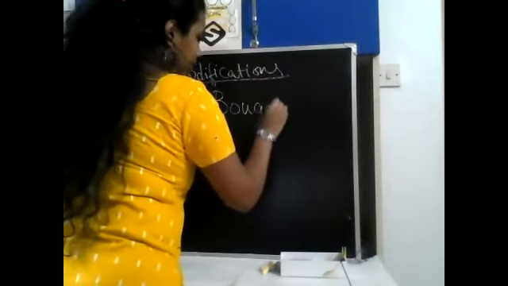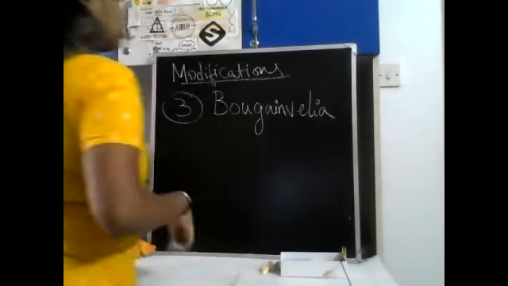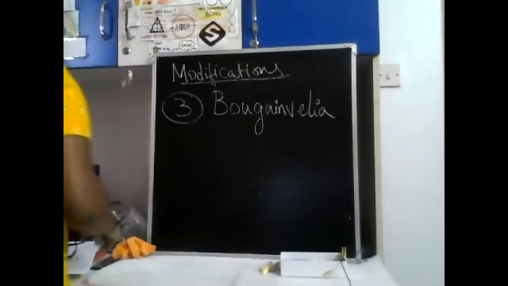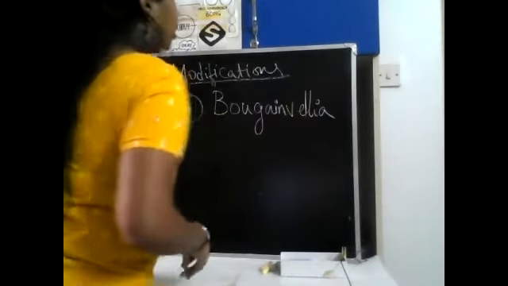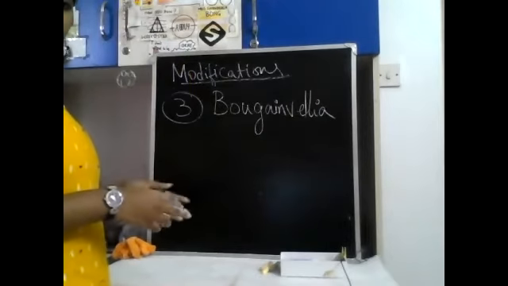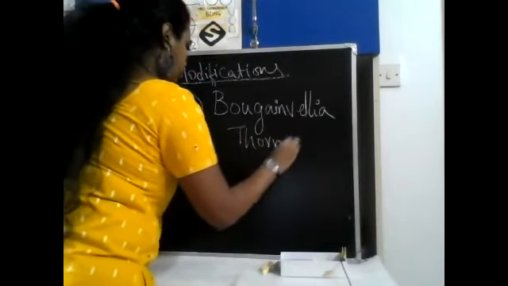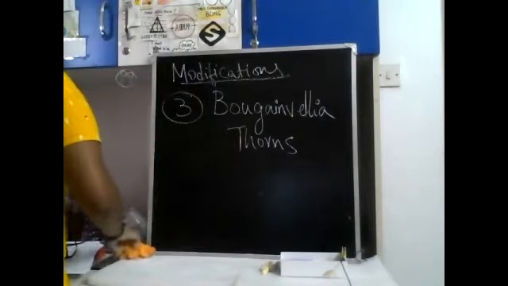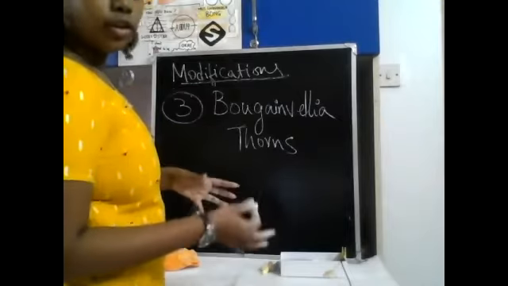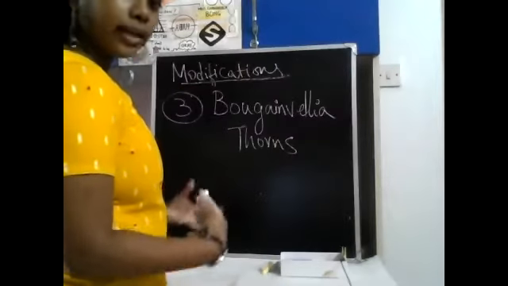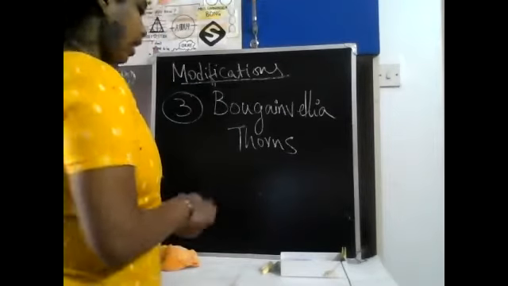In bougainvillea, you see that the plant has thorns, and these thorns are in function defensive. It's protective for the plant and it defends itself from other animals.